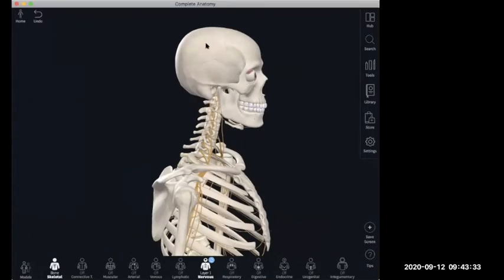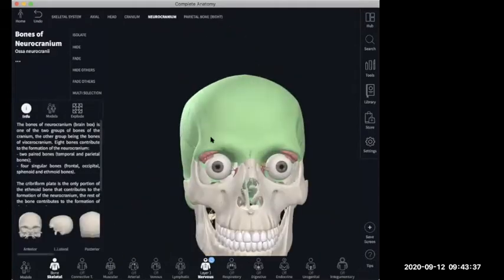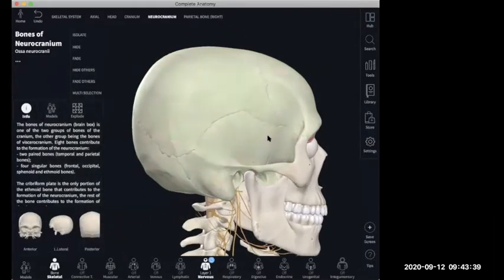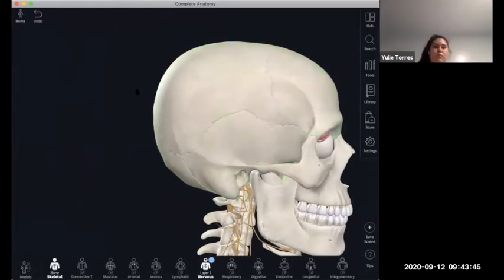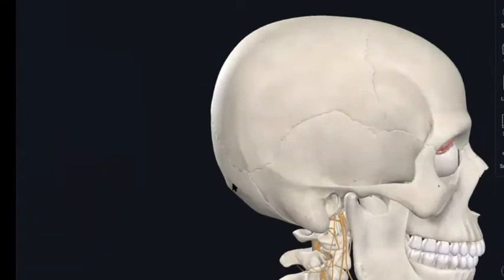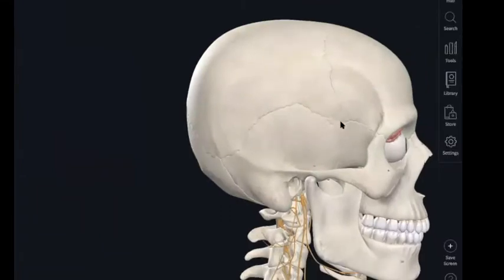All right, so again, your neurocranium, which is holding your brain, is going to consist of all these bones here that are fused together by these sutures right here, right?